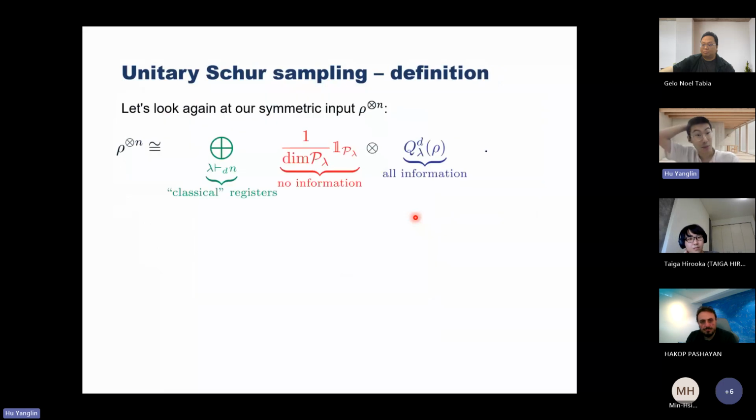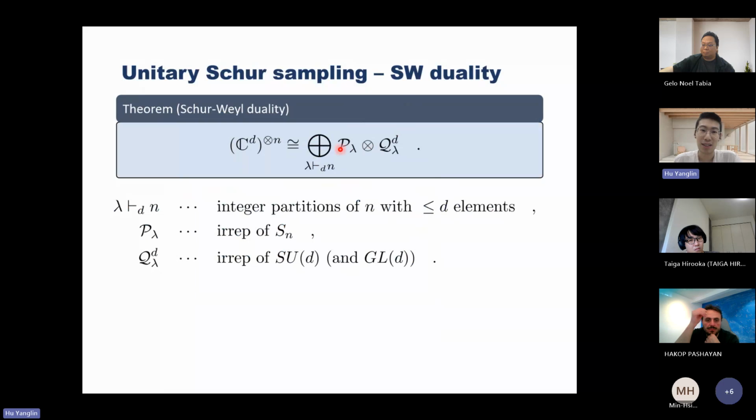Okay, so now maybe we can look again at our symmetric input rho tensor n. Remember that in the Schur duality, the general linear group, like a matrix tensor n, is only non-trivial on the irreducible representation of the linear group. So it is only non-trivial on this Q lambda d.